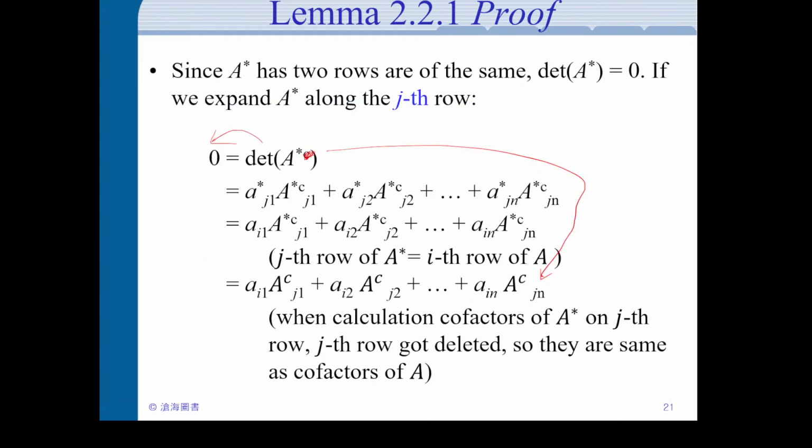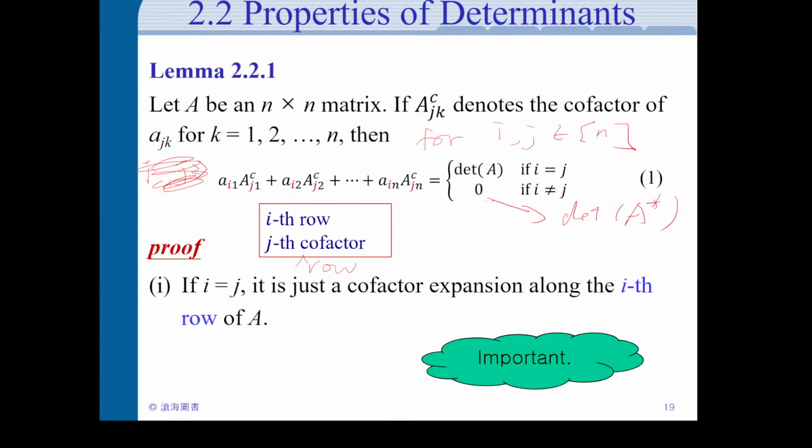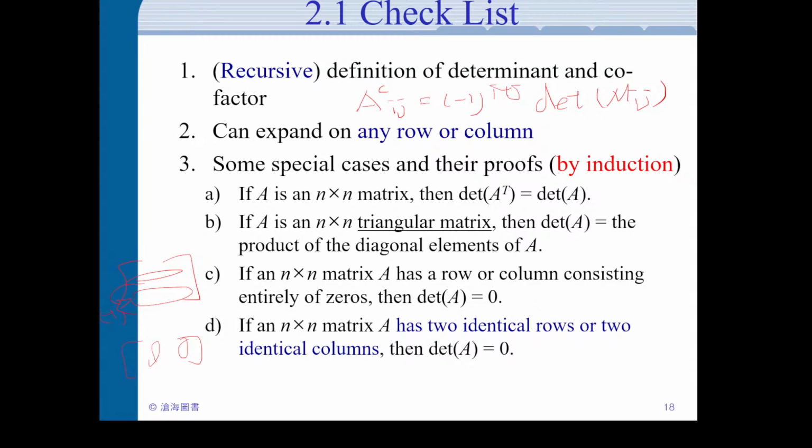And anyway, it's nice to learn proofs. So let's review our intermediate steps a little bit. We start with our definition, this recursive definition of a determinant. With this recursive definition, we see that if A has two identical rows or columns, the determinant of A is equal to 0.